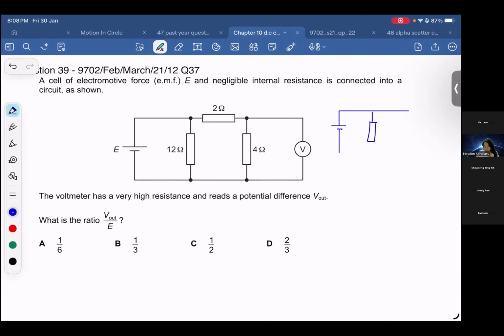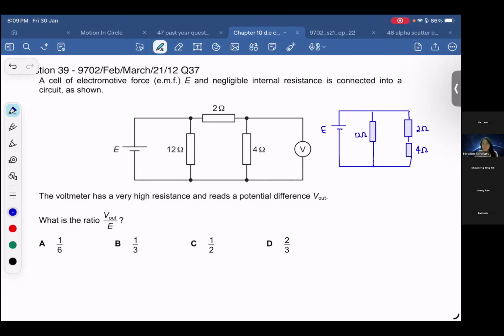After I draw the circuit, I think you will be able to solve it. Like this, you should be able to solve.